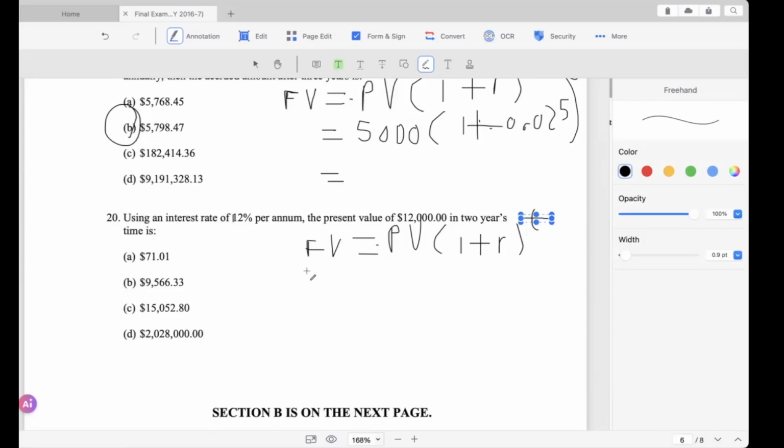So because it's per annum, it means it doesn't affect rate or time. And they gave us a future value to be 12,000. We're finding the present value. And then we have 1 plus r, where r is 12%. So the decimal is 0.12.